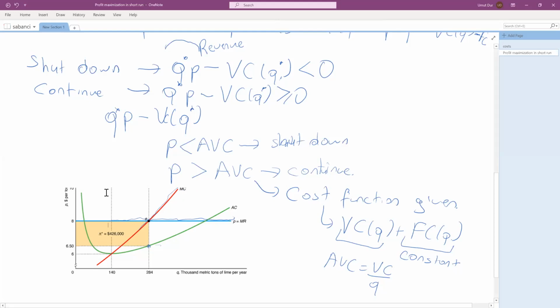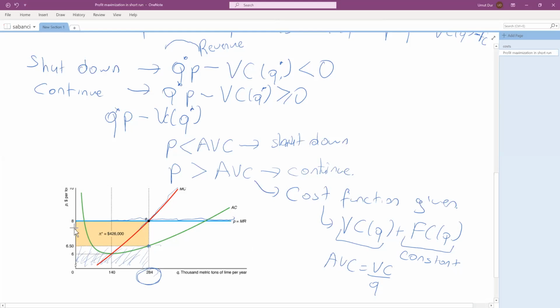And the profit that you can find from this figure is the following. We know that this is the average cost at your optimum point. So this is your optimum point. This 6.5 is the average cost for each good. Then your total cost will be this blue shaded area, which includes your fixed cost. And your revenue will be this big rectangle.